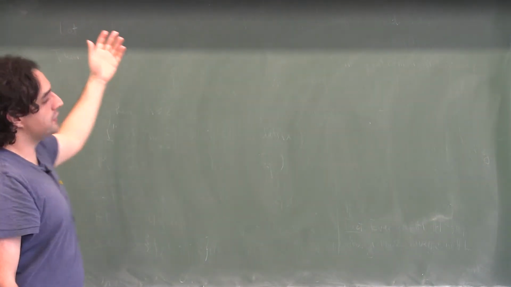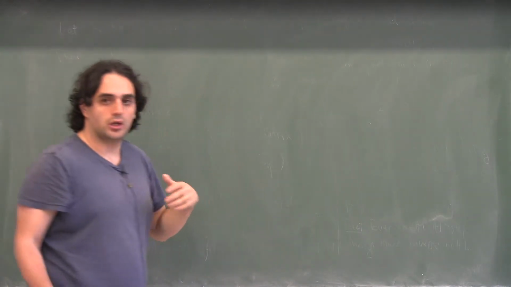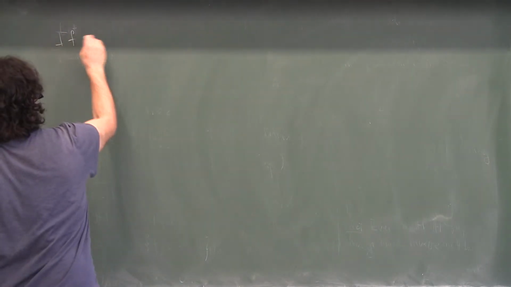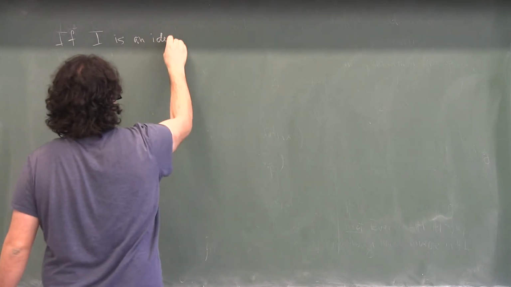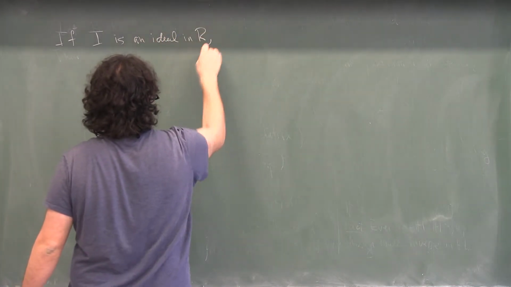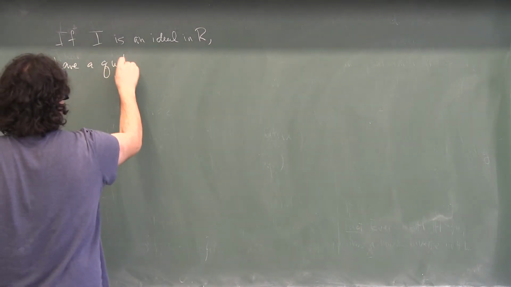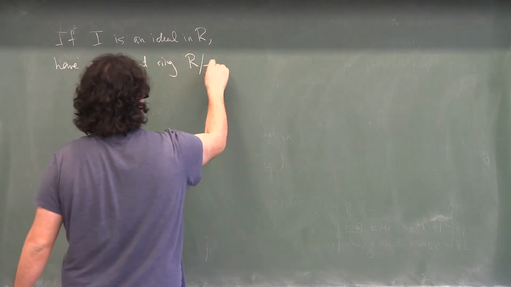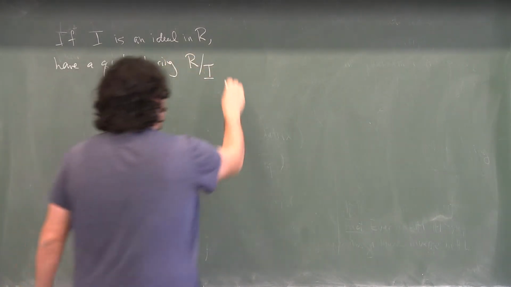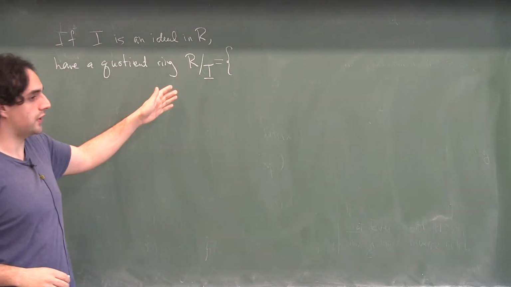So now another reason is that, as I said, we want to have quotients and the isomorphism theorems. So if I is an ideal in R, we have a quotient ring R mod I, and again, the elements here are going to be cosets.